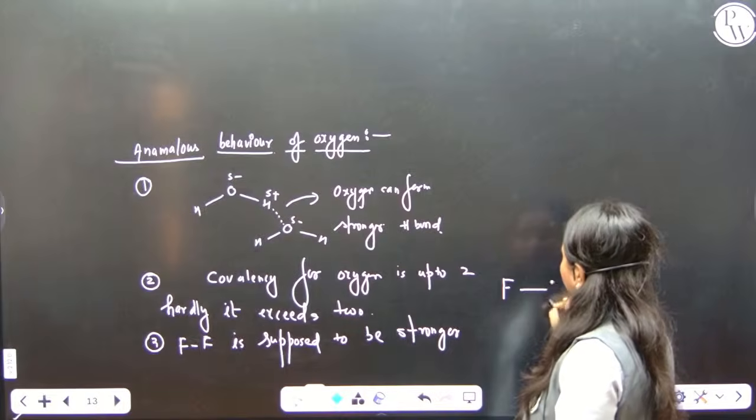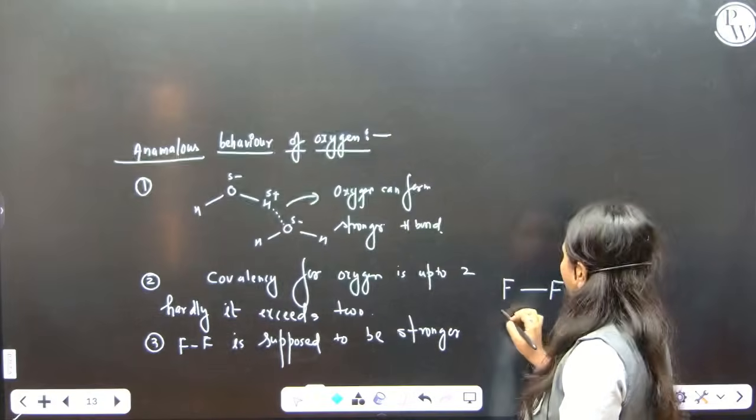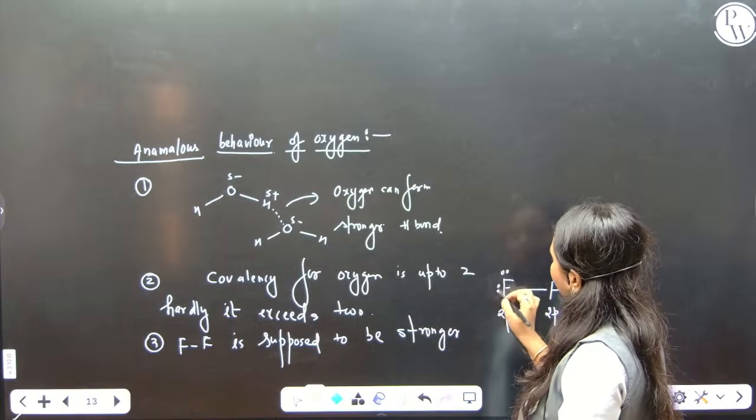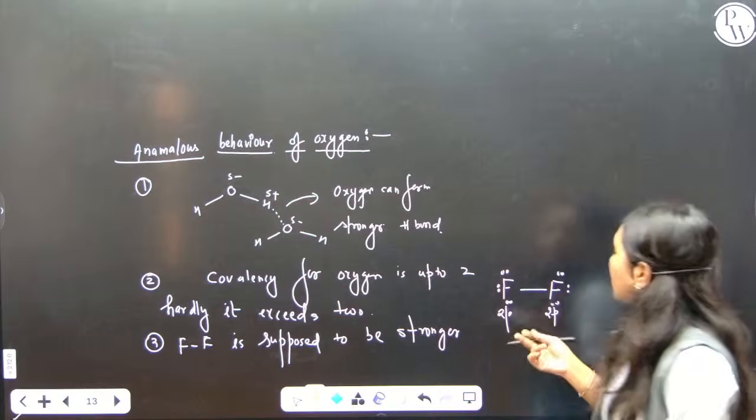Okay, but F-F: 2p and 2p, 1 2 3 4 5 6, 1 2 3 4 5 6.